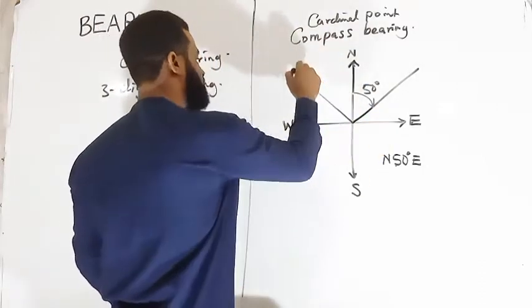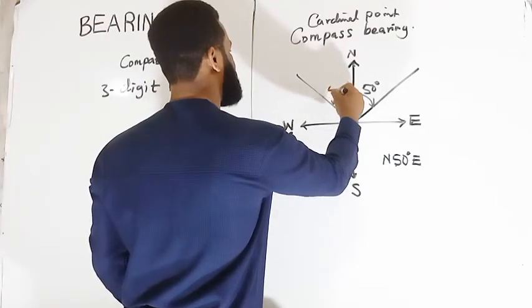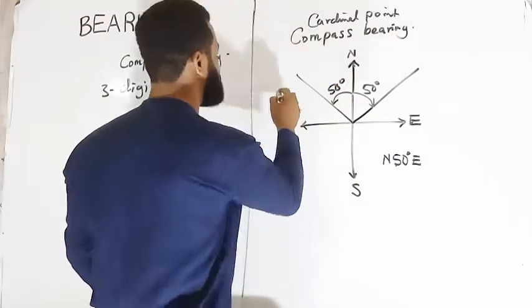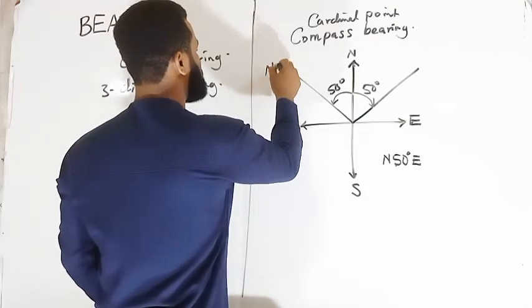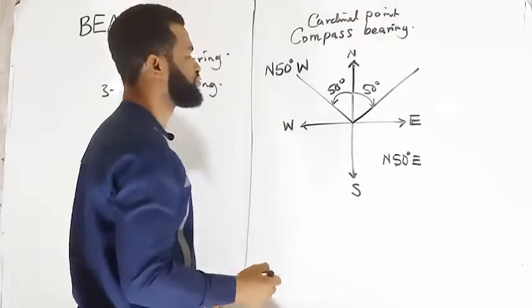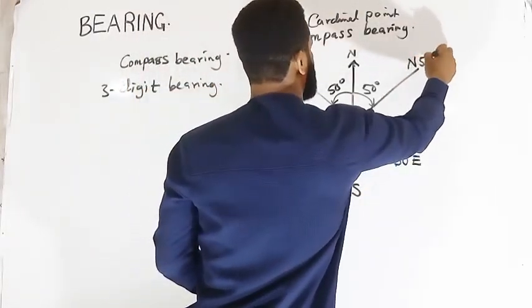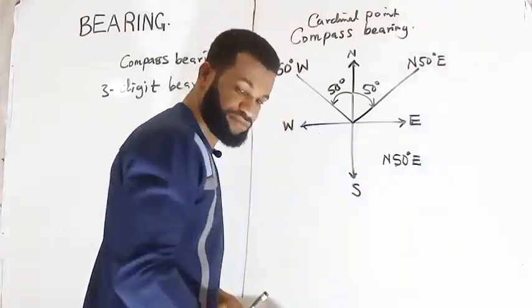Why this one in this direction? Let's assume it is also 50. I'm going to have north 50 degrees west, which is northwest.